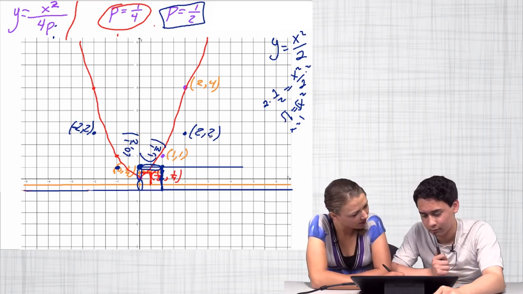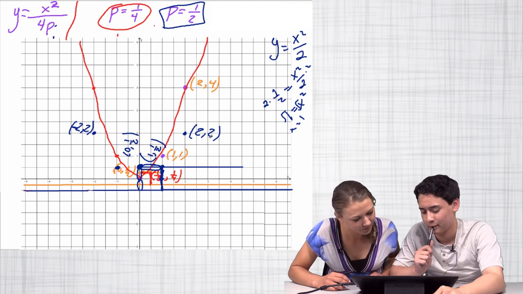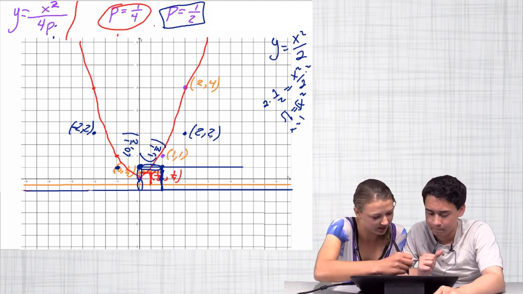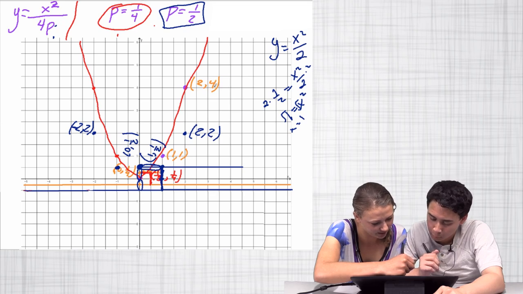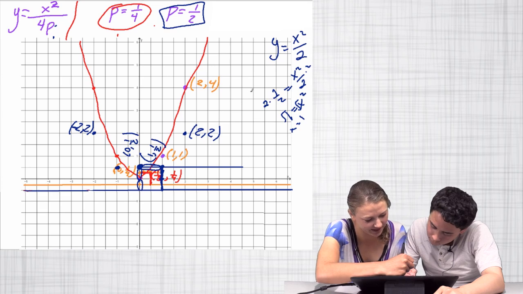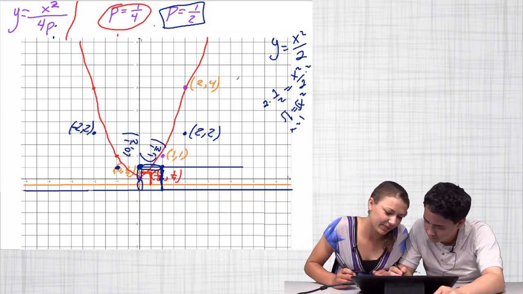Or when y is 4? Okay, so when it's up here, which one is it going to be? It's going to be out here. Why do you think that? Because our prediction was right, it is wider. A little bit wider, right?